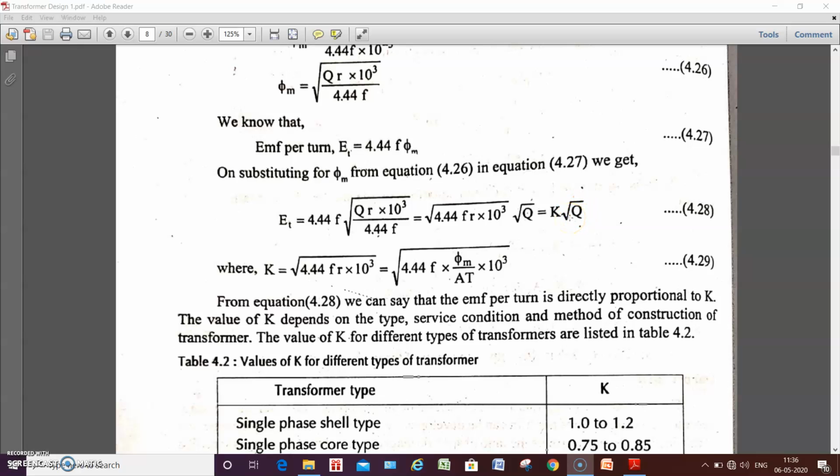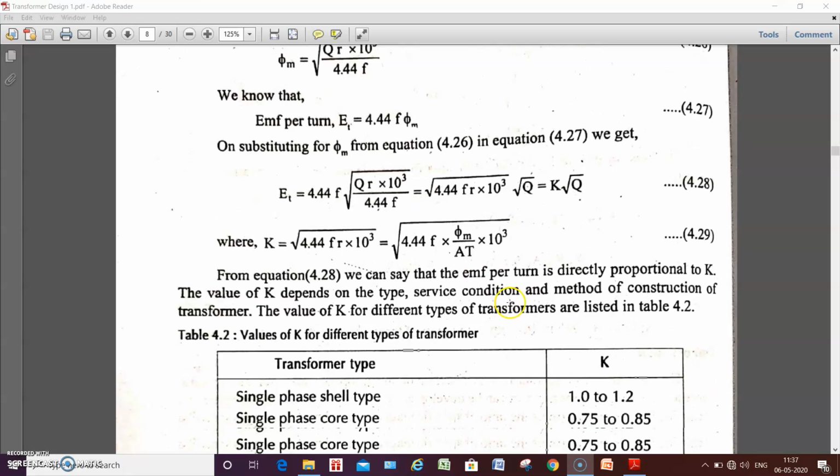Okay. So you can calculate this EMF per turn of single phase and three phase transformer by using this particular equation also. So depends upon the problem, the given data and the parameter to be found out. So you have to substitute the appropriate equations to solve the problem.